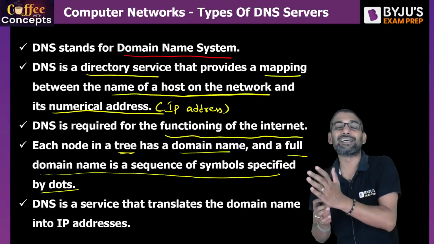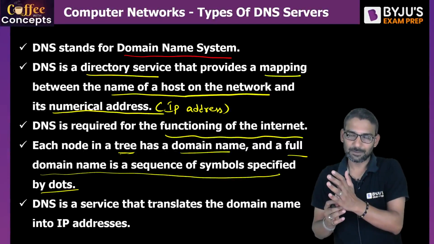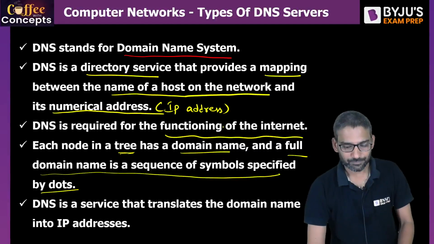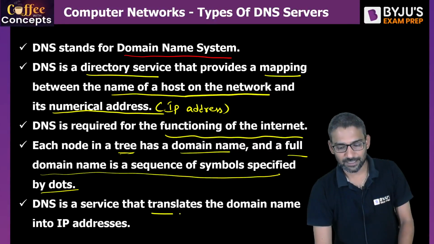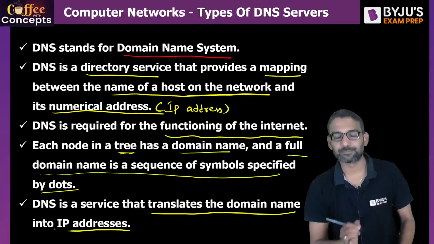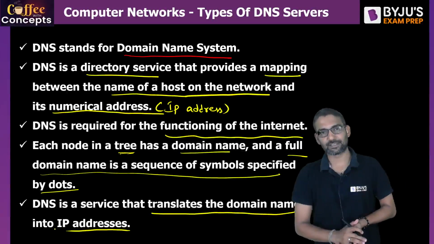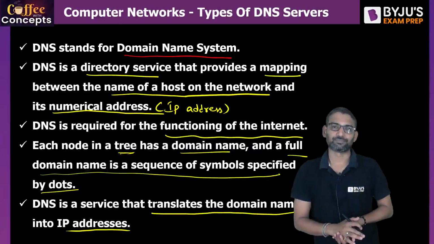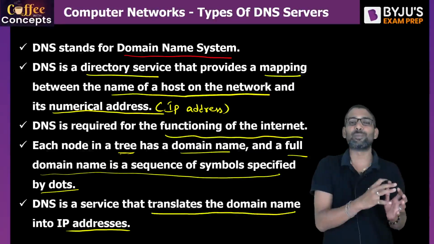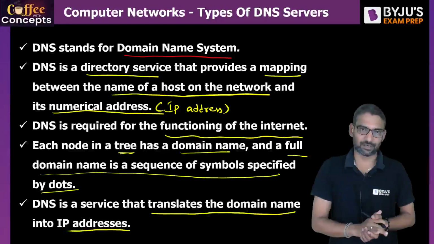So there is a hierarchy in the URL, right? That hierarchy is resolved in the DNS, and it translates the domain name to an IP address. So basically DNS, the domain name system, is for converting, translating domain names into IP addresses.